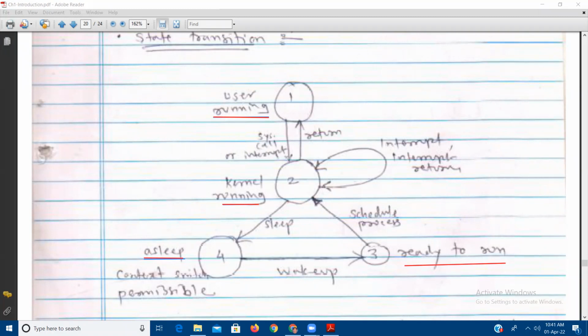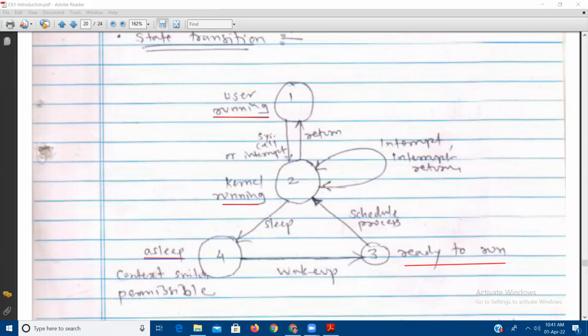Once sleeping is over, that is, the IO operation is over, it goes to the ready to run state, which is equivalent to the ready state. Whenever sleeping is over, the process is woken up by the operating system and changes state from asleep to ready to run, and from ready to run it goes to kernel running, scheduled.